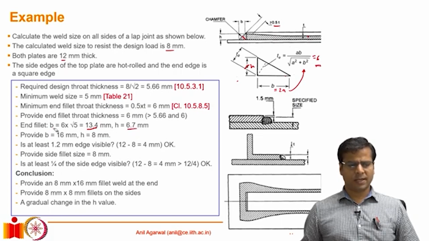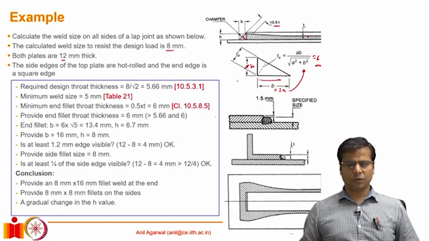So to be slightly conservative, we can take H as 8 millimeters and B as twice that size, that is 16 millimeters, which is significantly higher than the minimum requirement. So 16 millimeters is the B value and the H value is 8 millimeters, and of course that will satisfy the requirement of the minimum throat thickness.